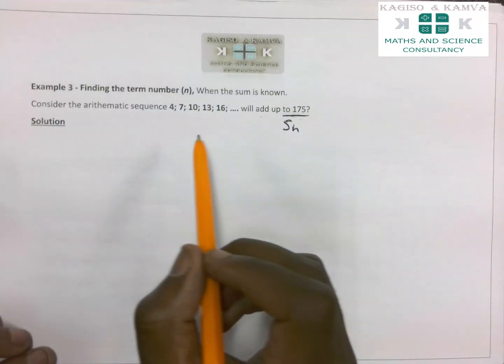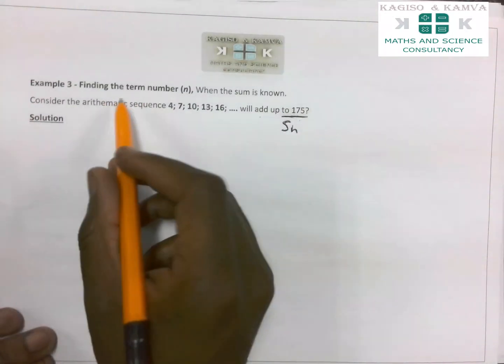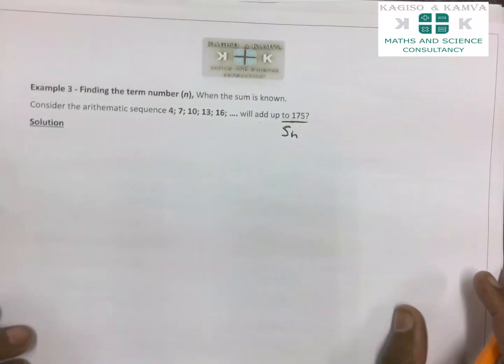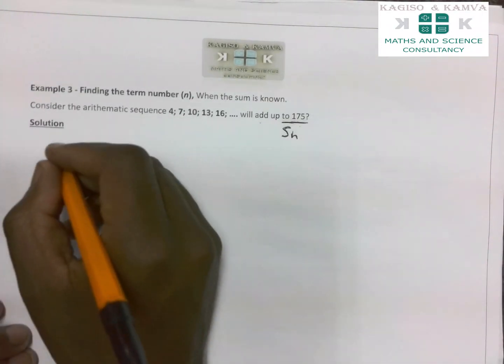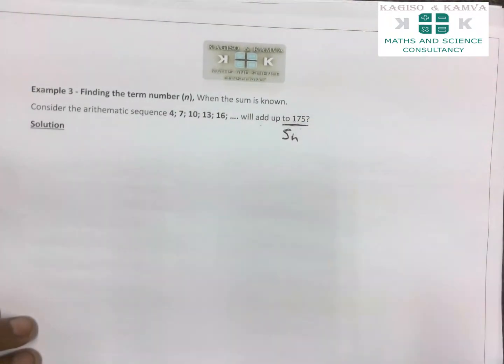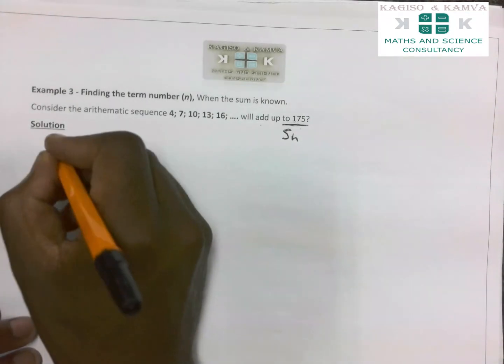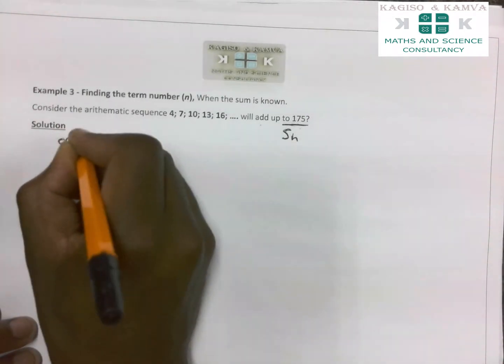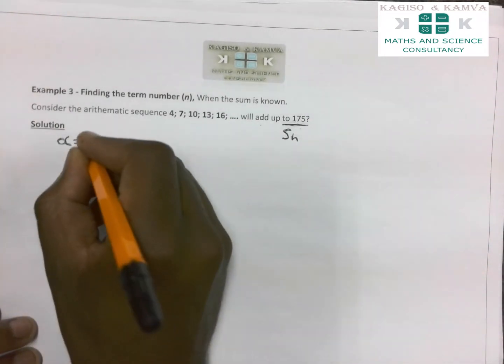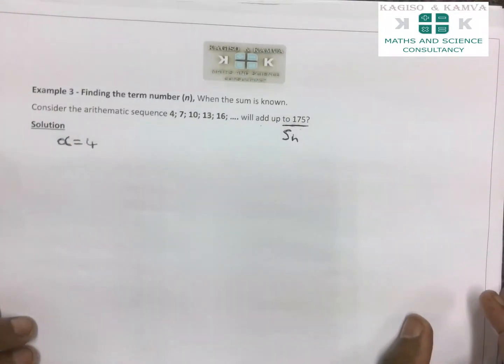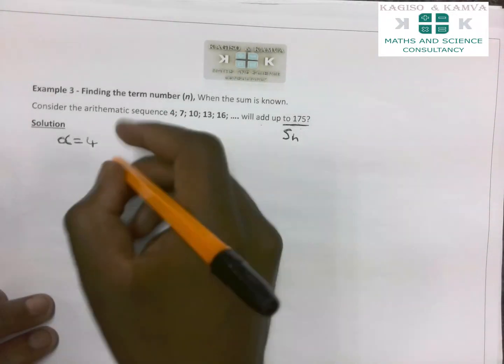Now we need to find what? We need to find the number of terms. Okay. So we come here. What do we have? We have a, which is equal to 4. Okay. So we need to find the constant difference.